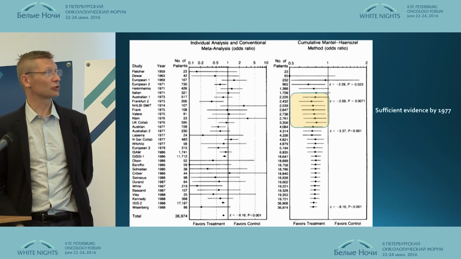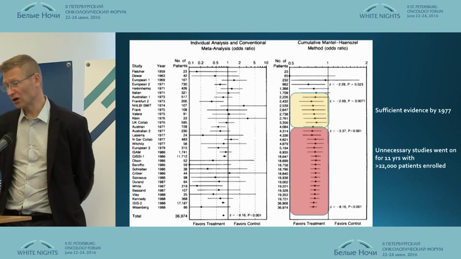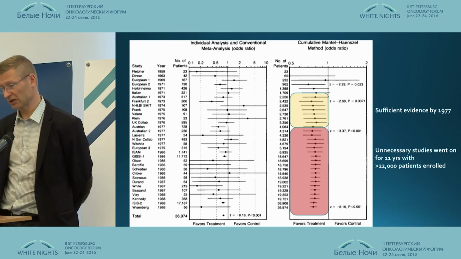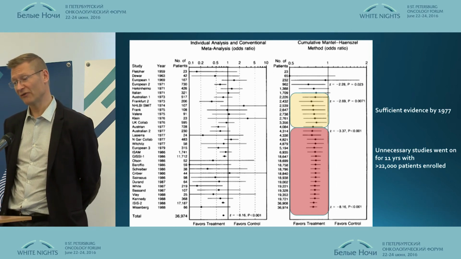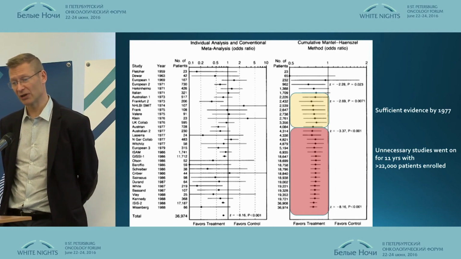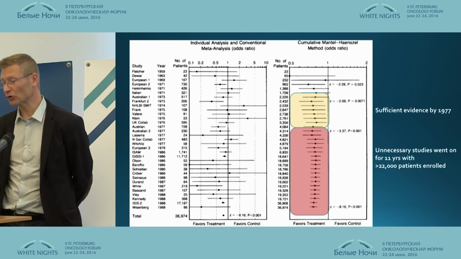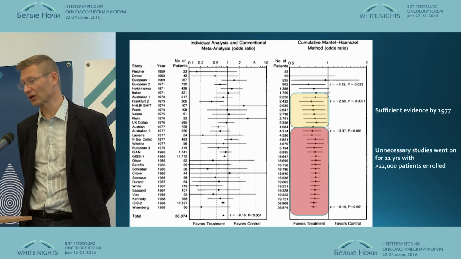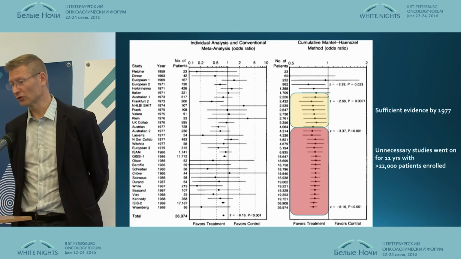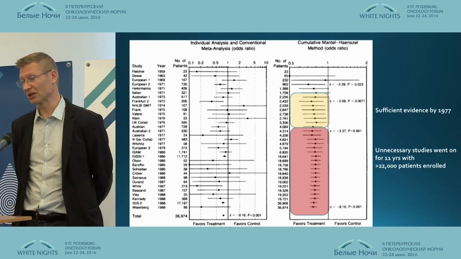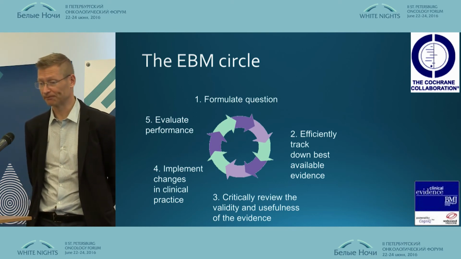The question is that this was not done, so meaning that, first of all, studies were conducted, at least a dozen of them, that were not really truly necessary because the evidence was already there. We didn't have the EBM movement there. Conducting meta-analysis was not standard approach at that time, but this is just sort of a historical example. So more than 22,000 patients were enrolled in trials and were randomized to placebo when they should have received the treatment that was known to be superior.